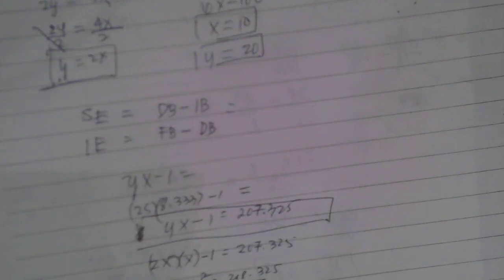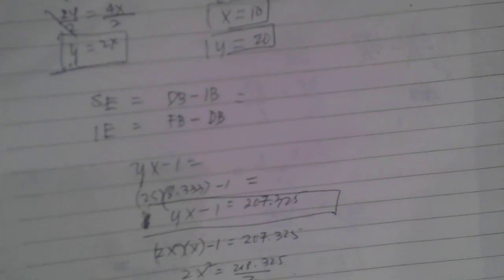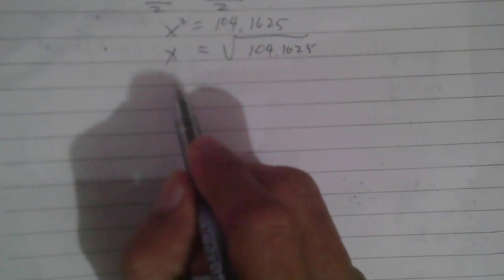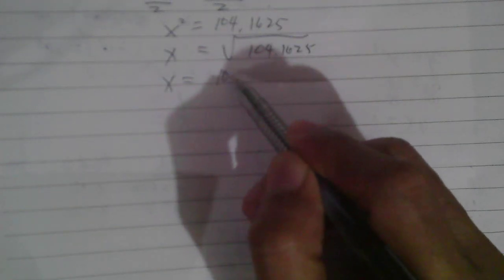Take the square root, so x is equal to the square root of 104.1625, which is 10.206.